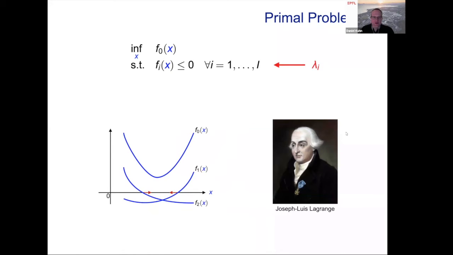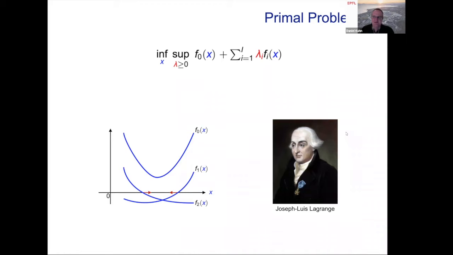Duality theory is a cornerstone of convex optimization and is the workhorse of modern robust and distribution robust optimization. So to construct the dual problem associated with P, we first assign Lagrange multipliers lambda i to the different constraints and construct the problem's Lagrangian function as the sum of the objective function and the constraint functions multiplied with their Lagrange multipliers.